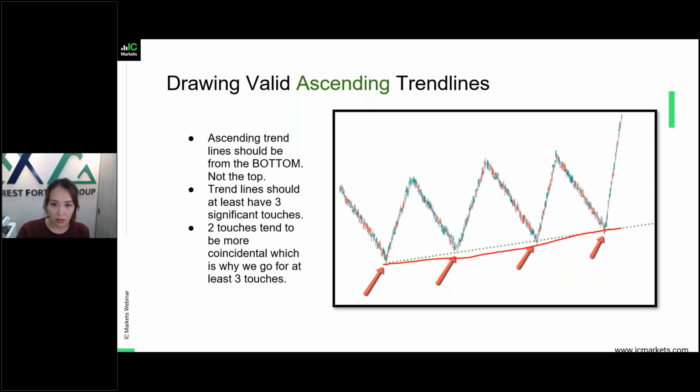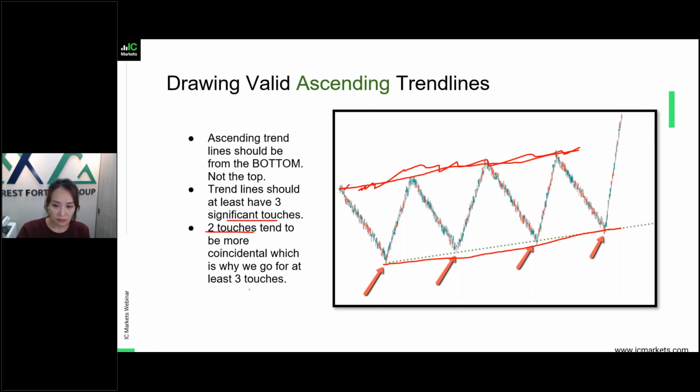It's not from the top. You cannot draw an ascending trend line on the top of the chart. You need to draw on the bottom, and the trend line has to have at least 3 touches. It cannot be 2 touches. Have to be 3, not 2.